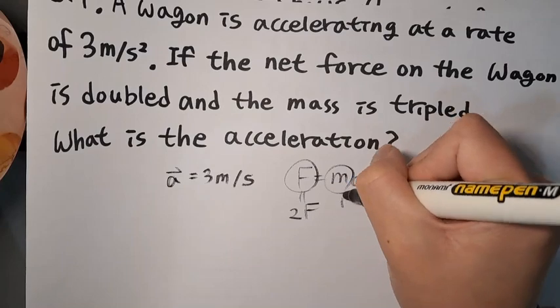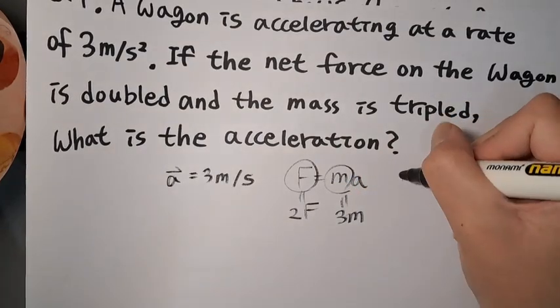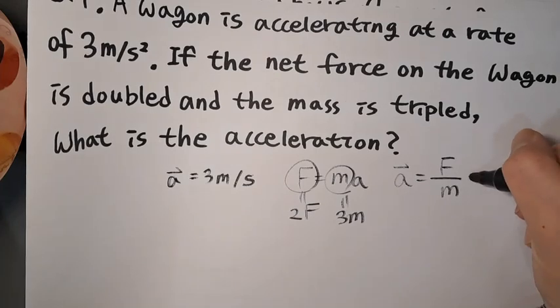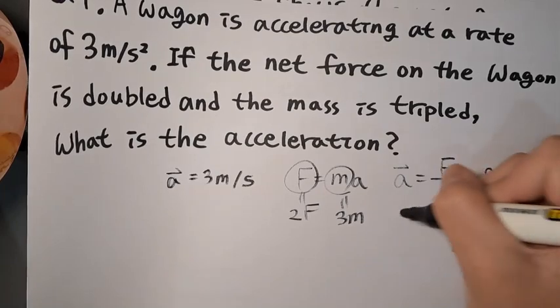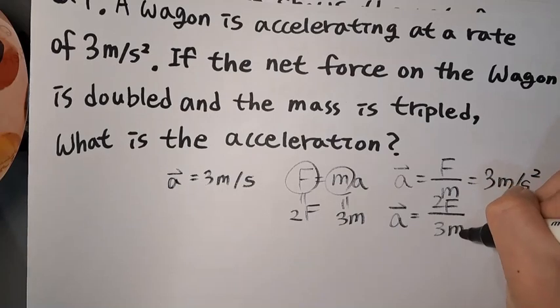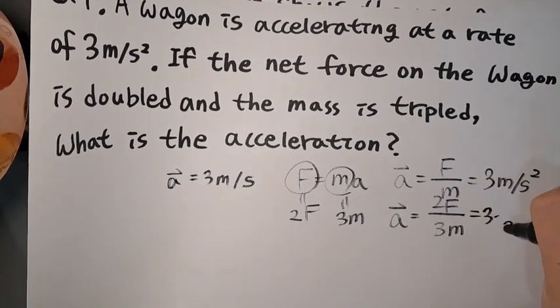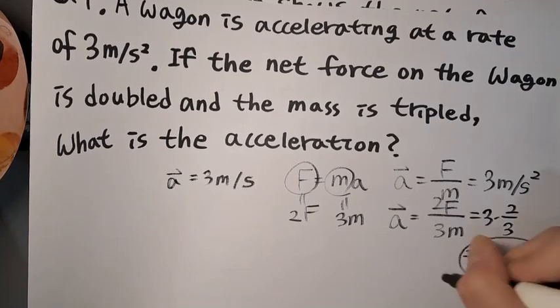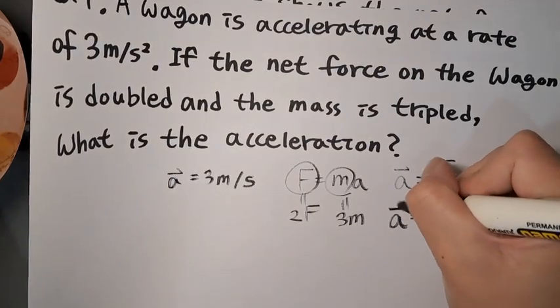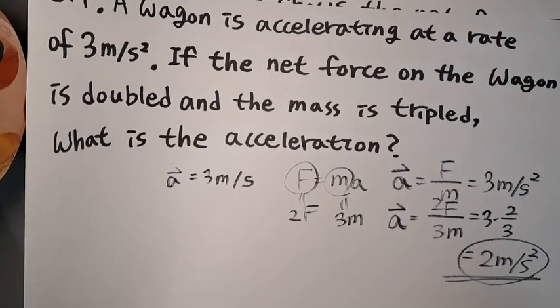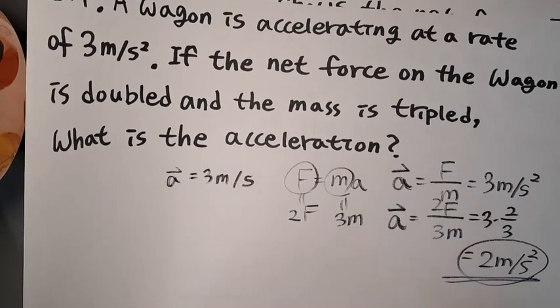So we are going to arrange this equation in terms of acceleration. So the acceleration of the wagon is going to be 2 meters per second squared.